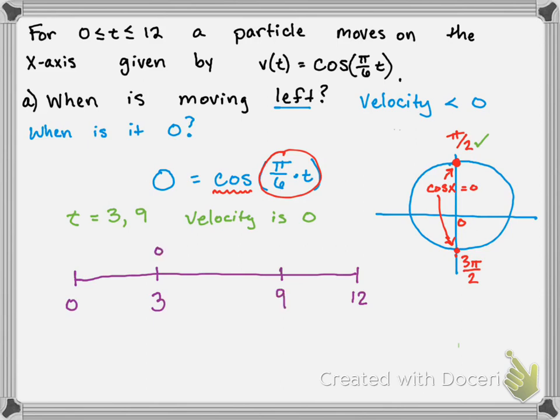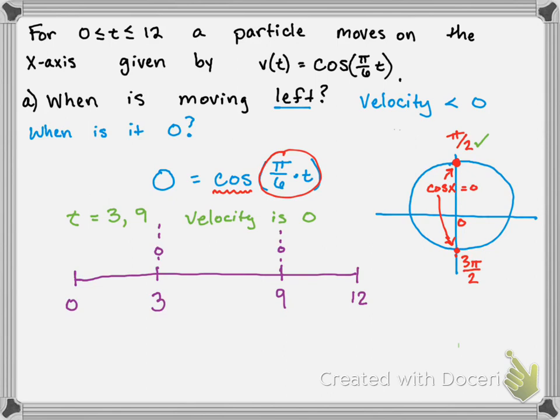So I draw a little dotted line right there to let me know that this is my dividing point, and the velocity is 0 there. So there's some kind of change: maybe we're slowing down and then speeding back up, or maybe we're going left and then going right again, going from positive to negative.